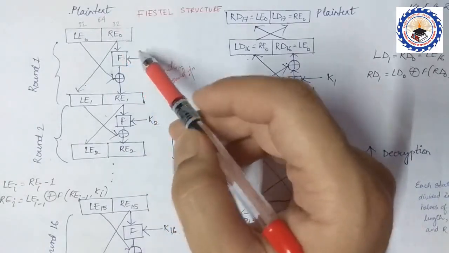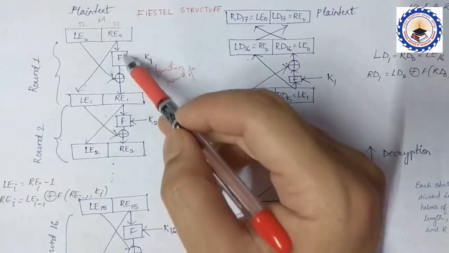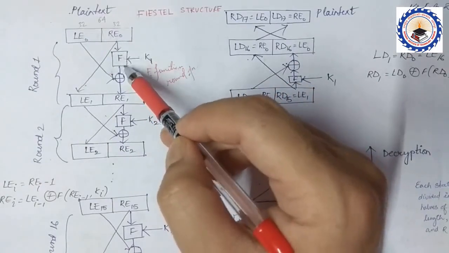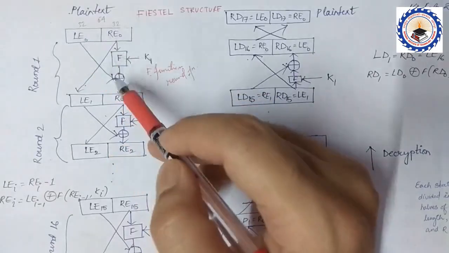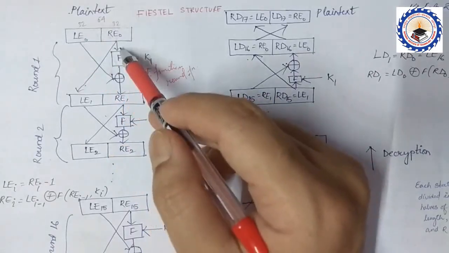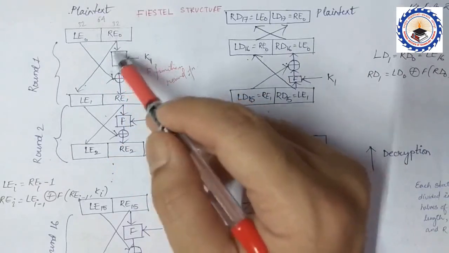The output from this round function we XOR with the left hand side. With whom do we perform the XOR on the left hand side? With the output of this round function.